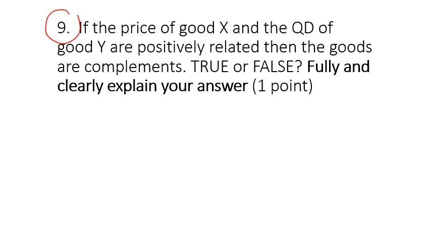Question 9 reads, if the price of good X and the quantity demanded of good Y are positively related, then the goods are complements. True or false? It was not enough just to say true or false. You had to clearly and fully explain your answer.